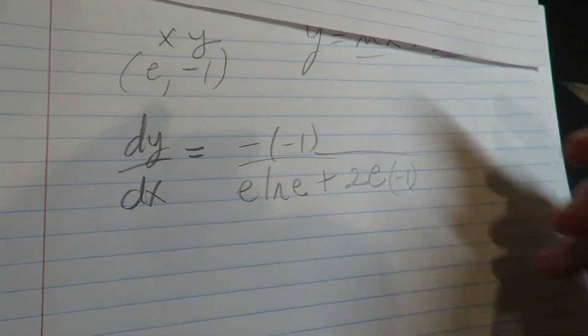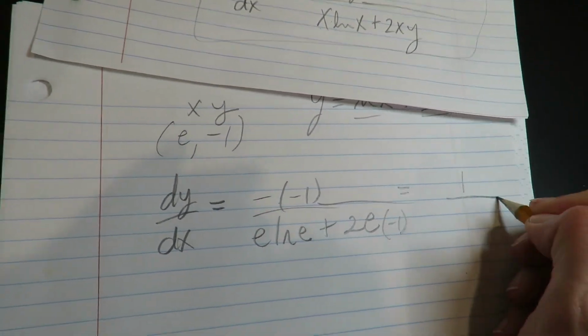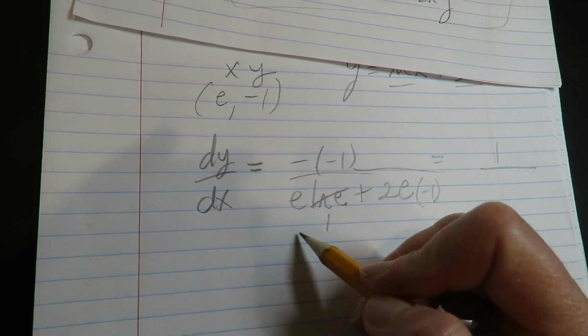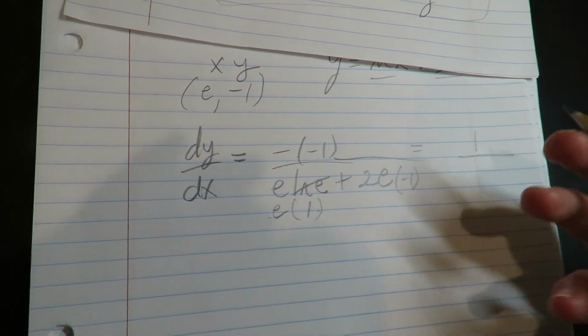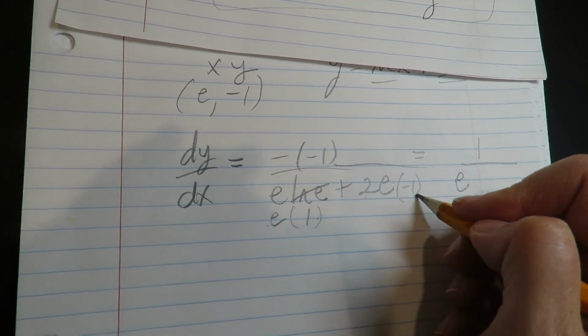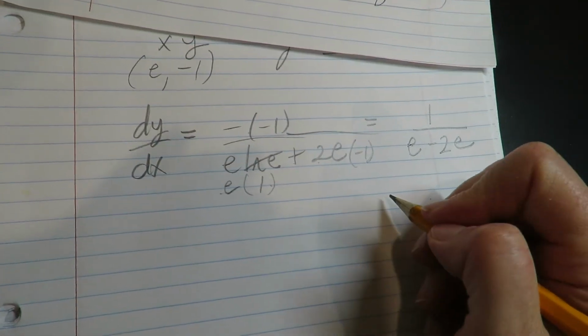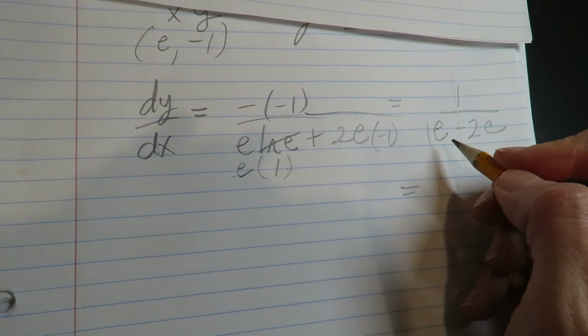Okay. All right, negative, make a positive. ln of e is 1, so you have e times 1 here, which is e, plus 2 times this is negative 2e. Oh, interesting. Okay. So you want to combine this.